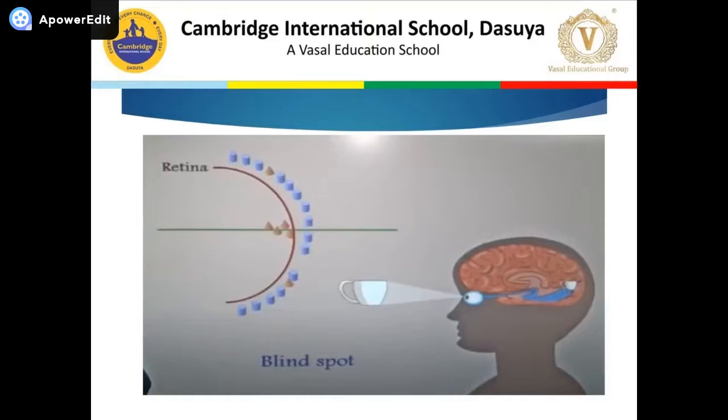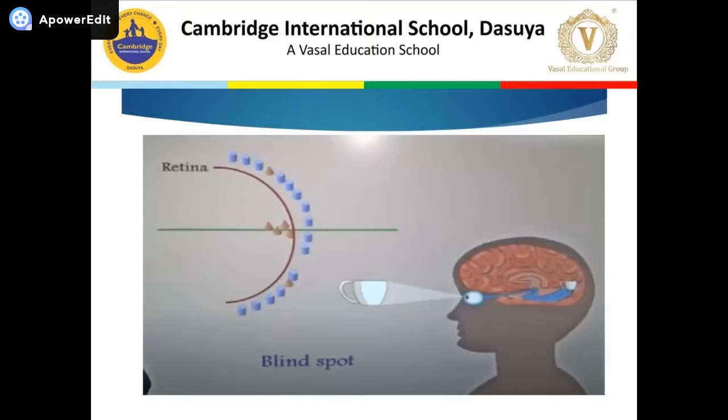There is no vision, no sensory cells that cause vision in the blind spot. Well, this is because all axons of sensory receptors present on the retina bundle here, and from here they go to the occipital lobe of the brain.